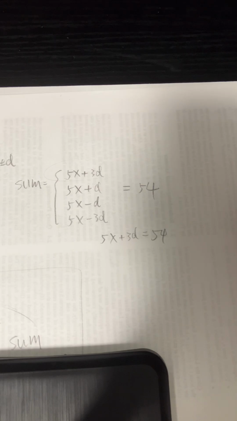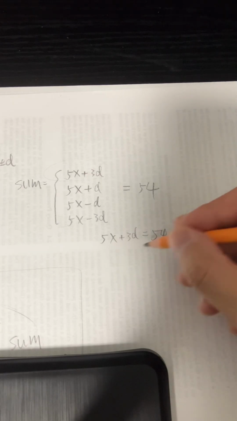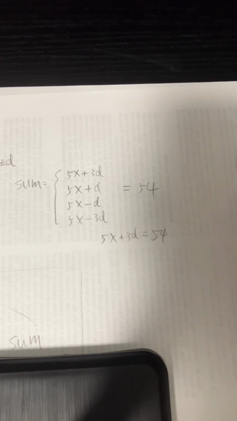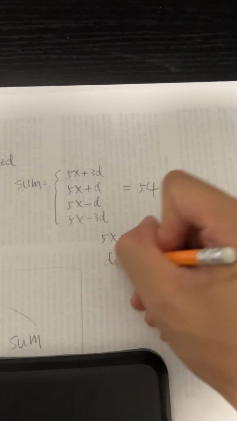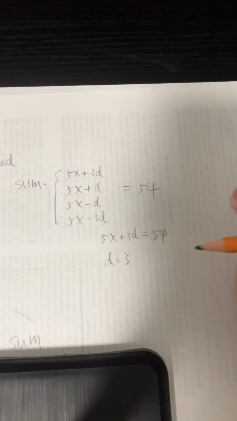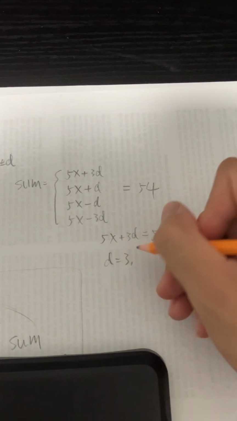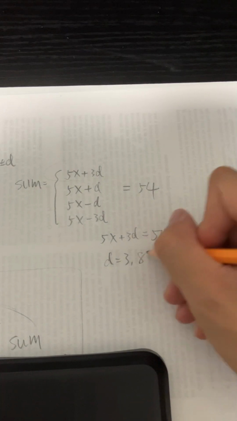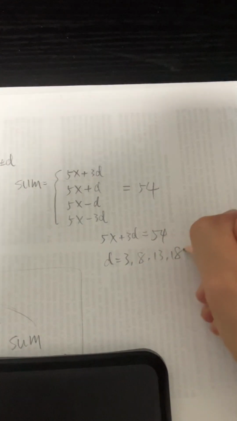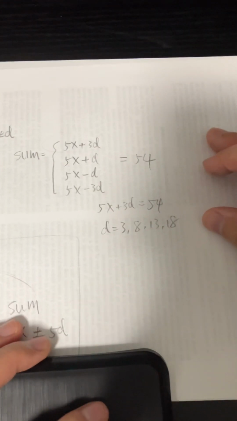Probably d can be 1, 2, 3. 1 and 2 are not good, but 3 is okay, because 54 minus 9 is 45. So d can be 3. And once you get the first solution, you can just skip by 5. So 8, 13, and 18. This gives you 4 values of d.